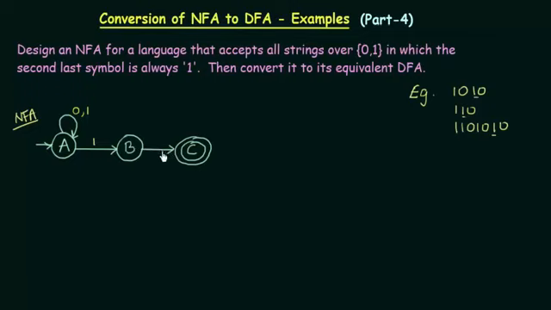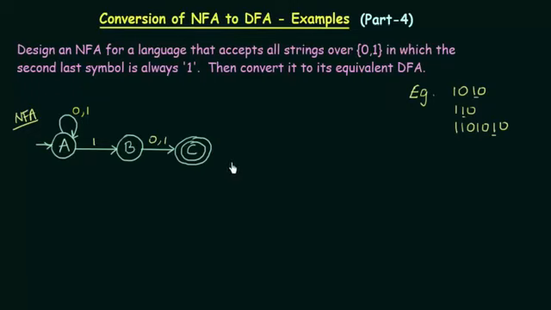As I told you, I'm only concerned about the second last symbol, which I already got as 1. So the last symbol, I don't care whatever it is, let it be 0 or 1, it goes to state C. So now my NFA is complete. I don't have to mention what happens in C because this is an NFA. B and A we have completed.